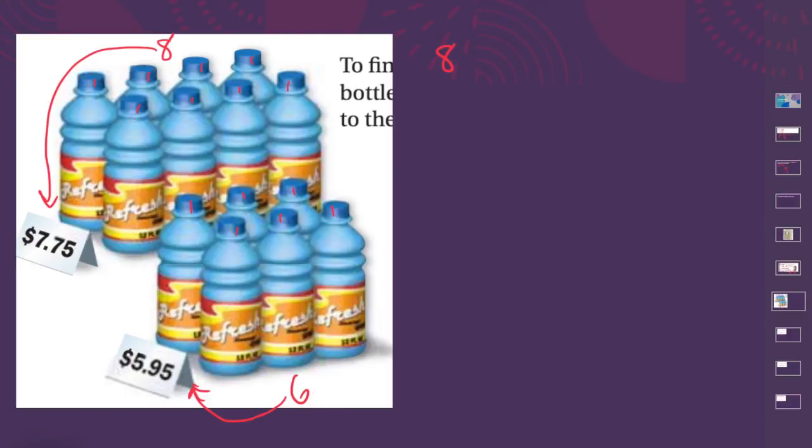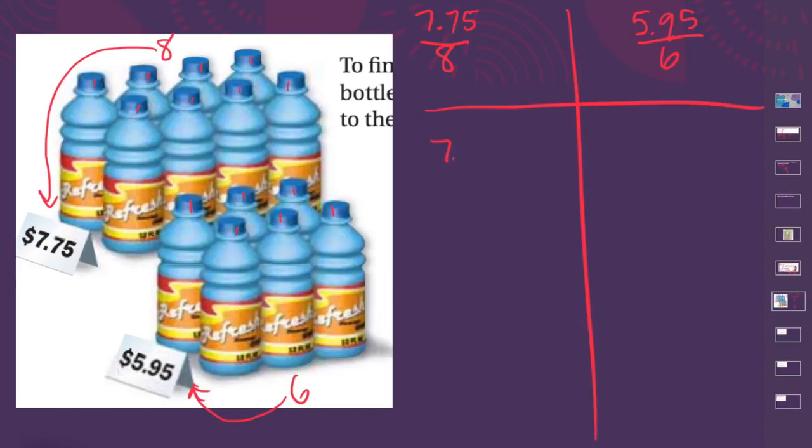So we have 8 units for $7.75, or $5.95 for 6 units. So let's find the unit price of each. Okay, so $7.75 divided by 8.